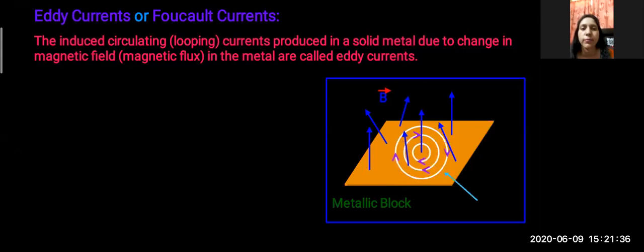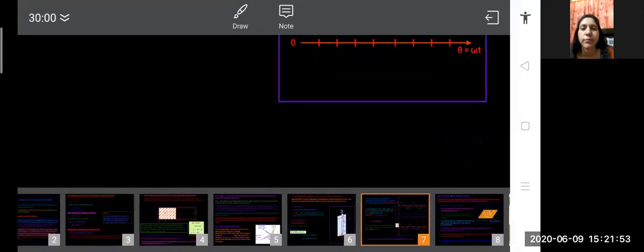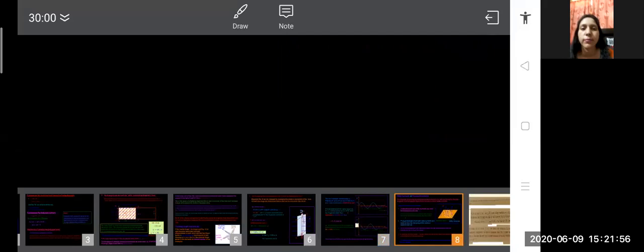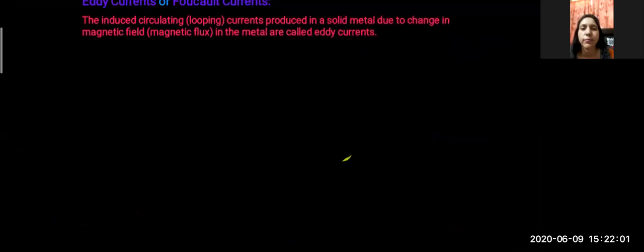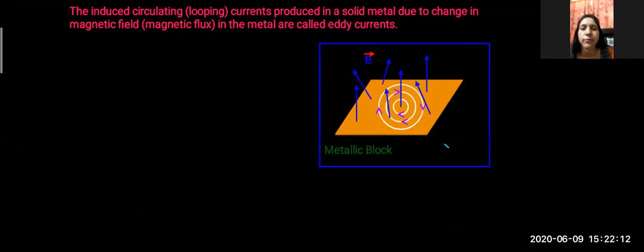So in this figure, you can see this is eddy current. I hope eddy current is clear to you. So what is eddy current? The induced circulating currents produced in solid metals due to change in magnetic field in the metal are called eddy current.